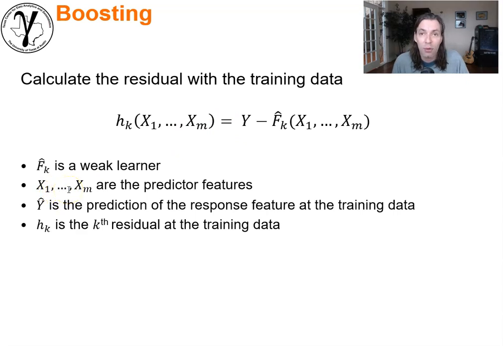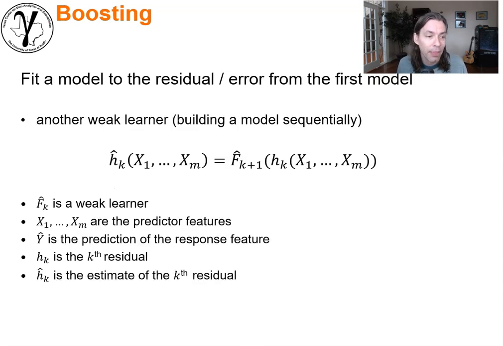It's not going to be like we've seen before where we fit a lot of the signal and the result may actually be, in many cases, we're assuming it's going to be random error. Nope, we're going to have structured correlated error. And so there'll be something else we can fit. With every step, we'll keep fitting it. Then we'll be able to fit another weak learner. Now this time, notice it's being applied to that error. So we're fitting the residual from that first model with another weak learner.